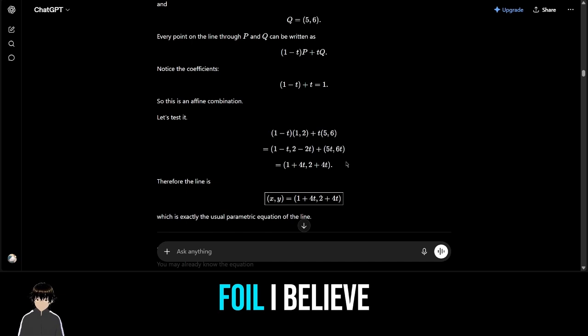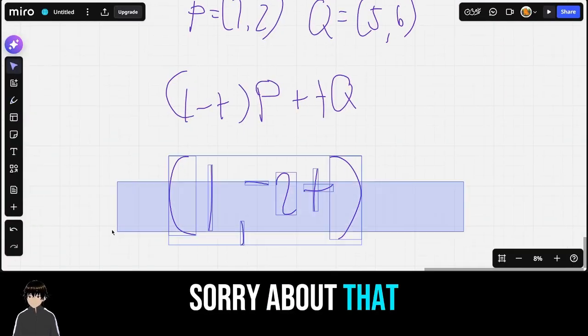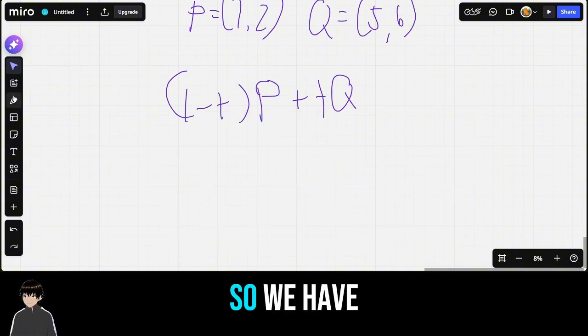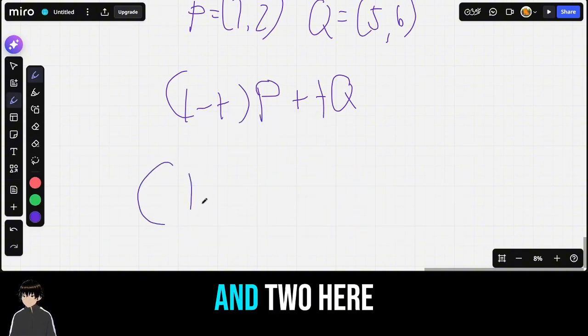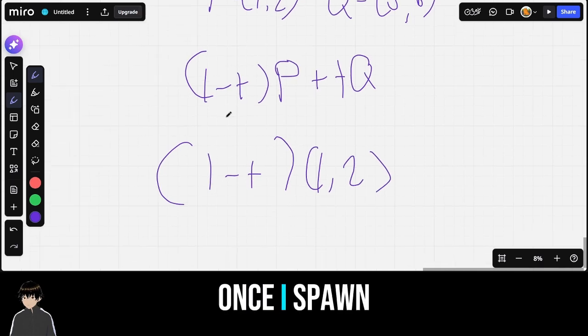We actually have to FOIL, I believe. Sorry about that. So we have to FOIL that. We have 1 and 2 here. First, 1 times 1 is 1.